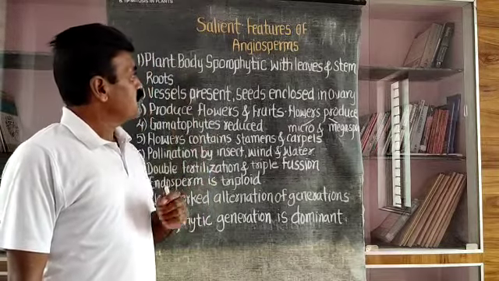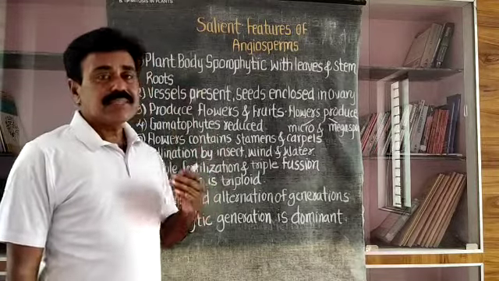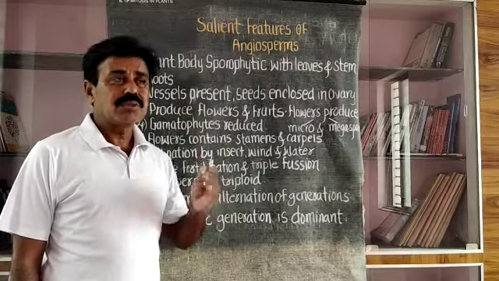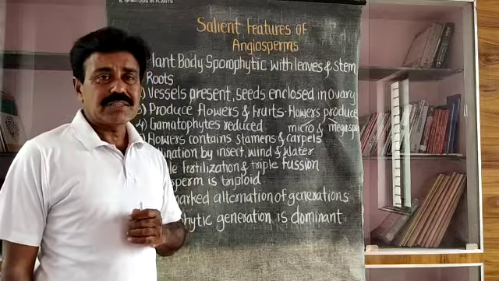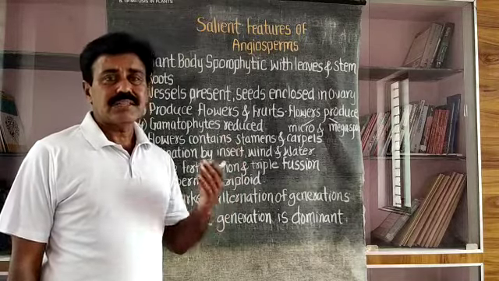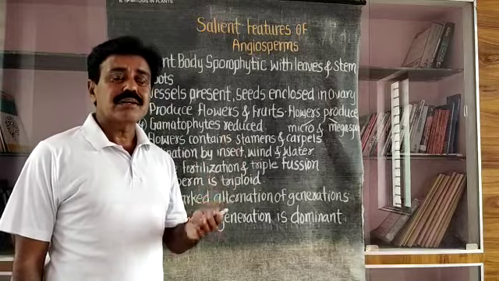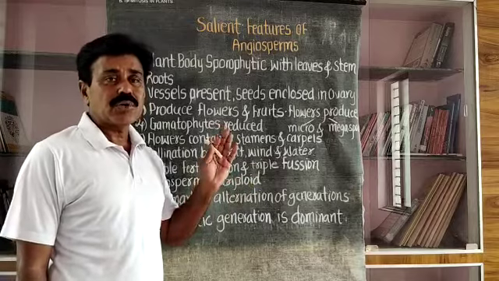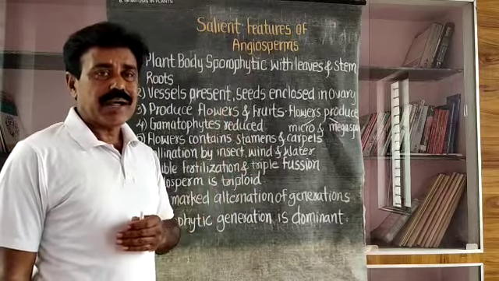Then, as far as this plant body is concerned, it contains leaves, stem and root. That means there is a differentiation of root, stem and leaves. A well-developed higher plant body is there, and according to size, these plant bodies are classified as herbs, shrubs, trees and climbers. There are different types of plant bodies according to the size and nature of the plant body.